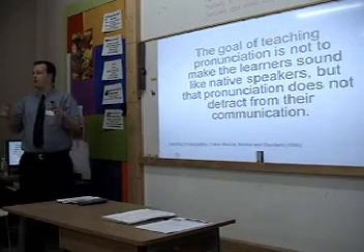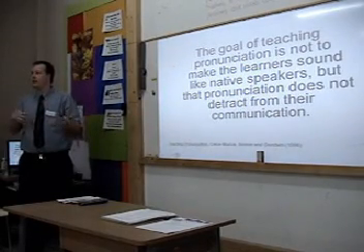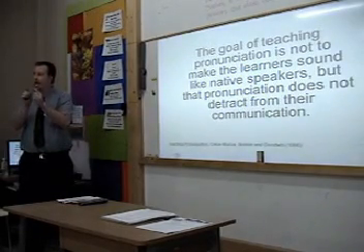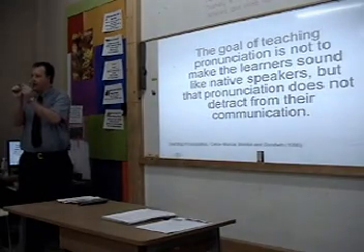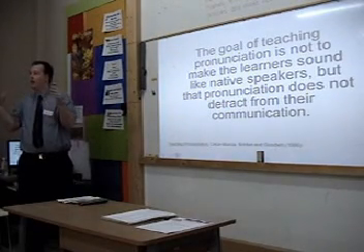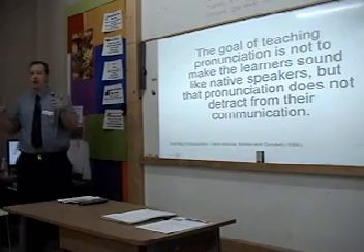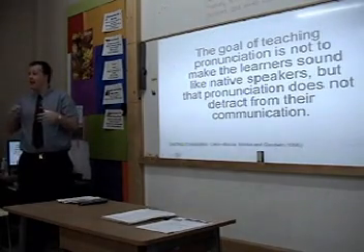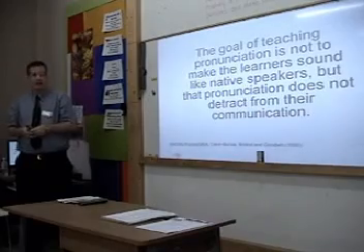So that's where we're approaching from, using language and pronunciation, not necessarily with the segmental and trying to get each part of a word to sound right, but trying to focus on the word level and the sentence level, and using activities at that level to improve pronunciation.